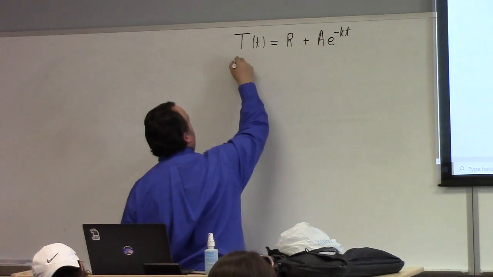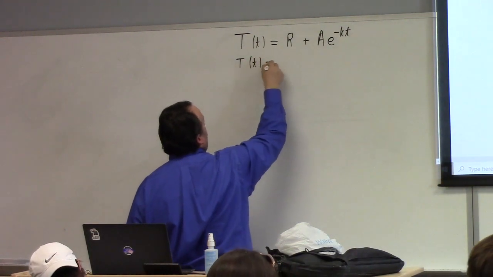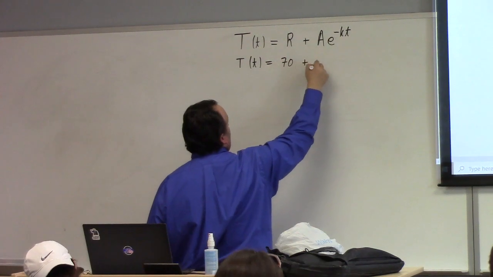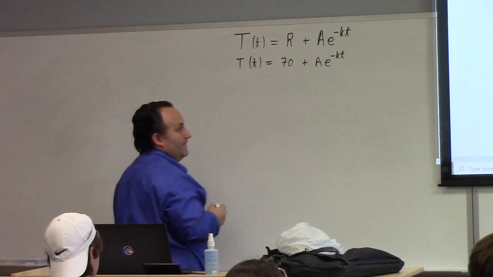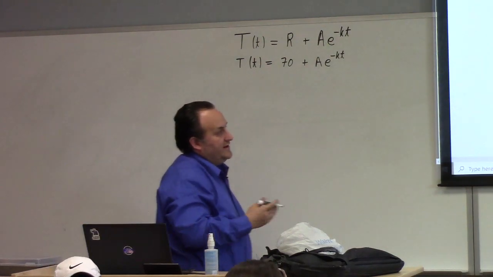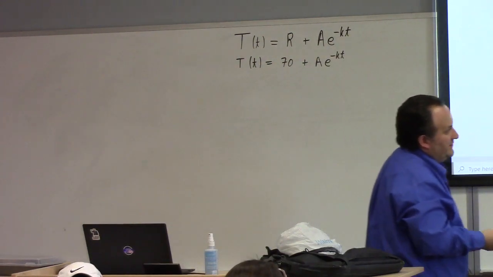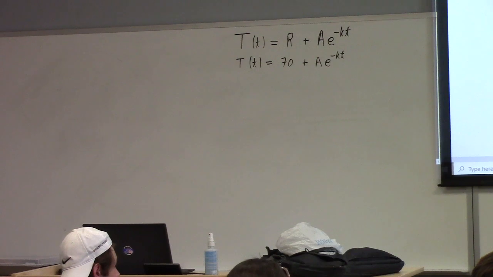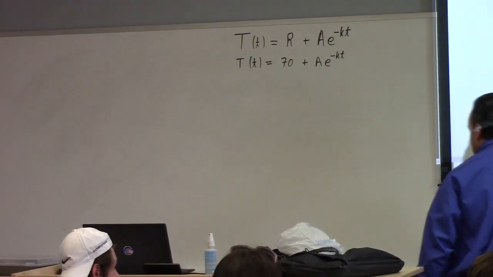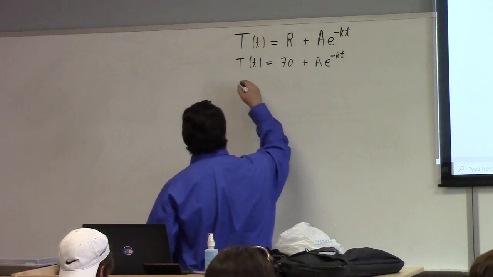So we know that. All right, what else do we know? We know initially, so when you see the word initially, you should think t equals 0. So at t equals 0, we have 150, right?